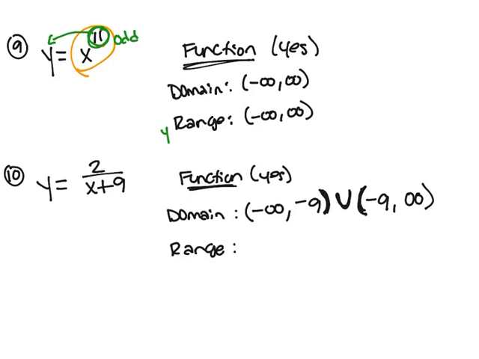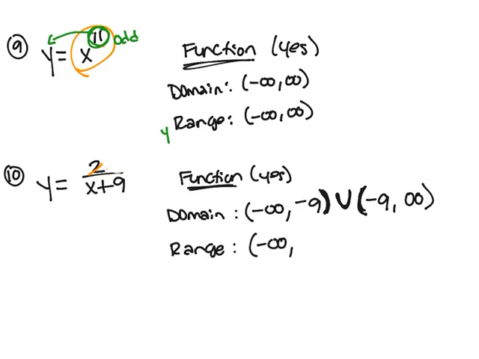And we talked about this in class, that our range is what I'm going to get out of this. So there's one number that our fraction is not going to reduce to, and that's 0. Because the top number is not going to change to a 0. When you reduce that top, it's going to change to 1. So our notation is going to look just like our domain, except where I got negative 9, I'm going to put 0.